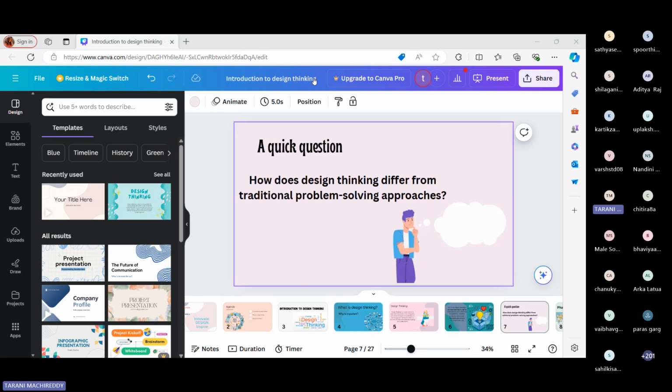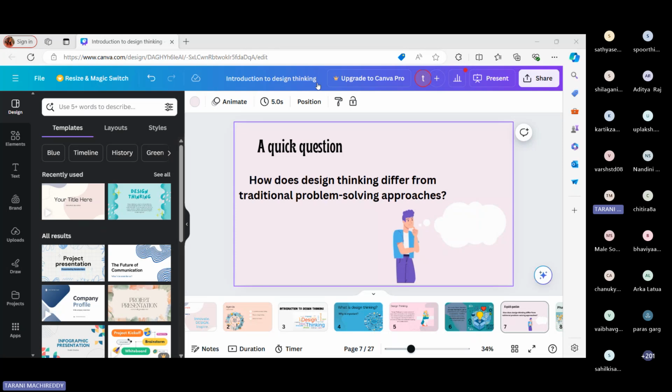Not bad. Traditional problem solving is solution oriented, whereas design thinking is based on empathy, innovation. This is nonlinear and more relational and fluid. It focuses on user experience. I got a lot of responses on that.